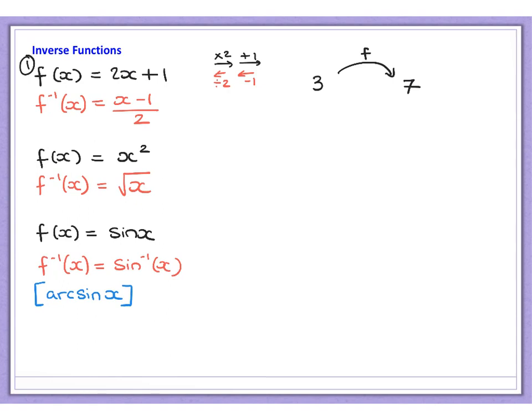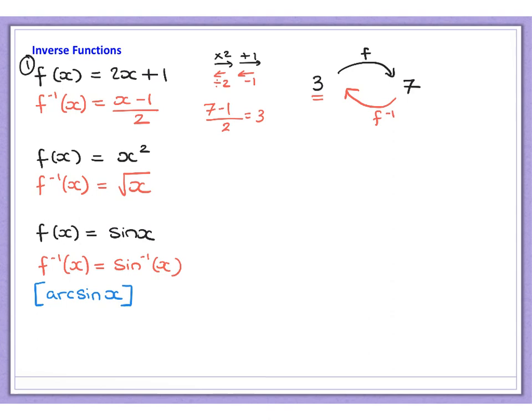If I then apply the inverse function to 7, well, 7 take away 1 is 6, divided by 2 gives me an answer of 3. So I get back to the beginning here, and it works very simply. So we'll always get back to our original input.